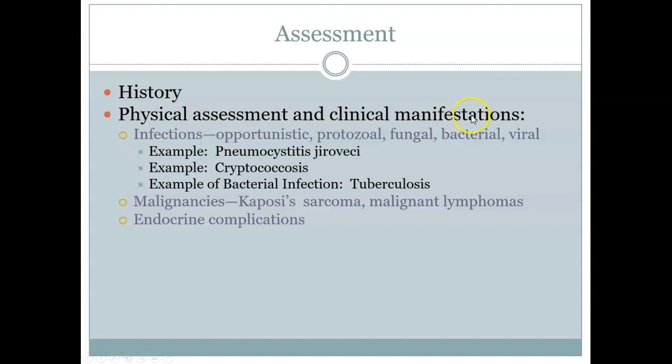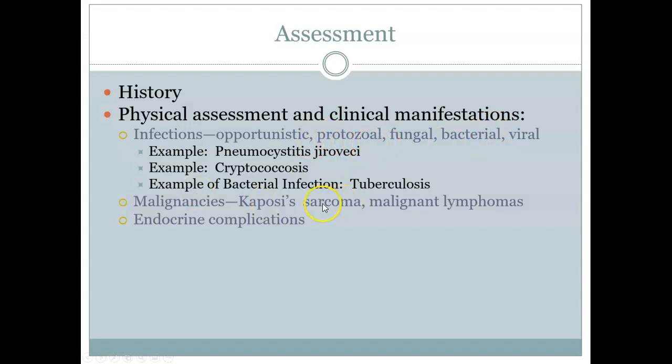On the physical assessment, we're looking for those clinical manifestations of HIV I just talked about. But then we start looking at infections that are opportunistic. So fungal infections like thrush in the mouth, or Candida albicans, viral infection, fungal infection, bacterial infection, protozoal infection.